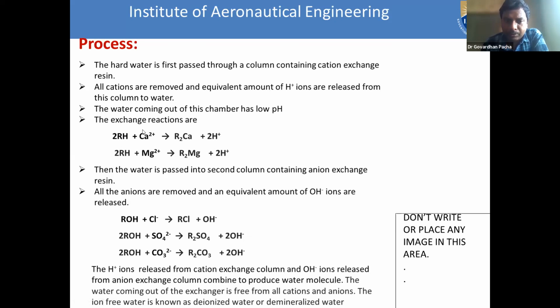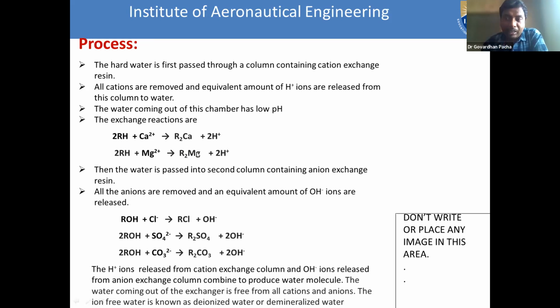In place of calcium, if you consider magnesium, why? Because magnesium is also a type of cationic hardness. When it reacts with the cation exchanger, again it gives R2Mg. That means the resin has captured the magnesium ions. By balancing the chemical equation, 2 moles of RH react with the magnesium ions to give R2Mg, and finally 2 moles of H plus ions.